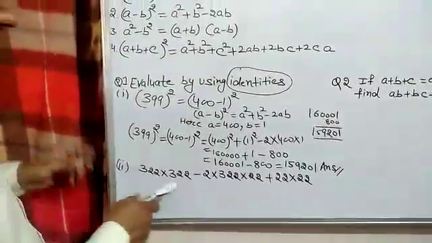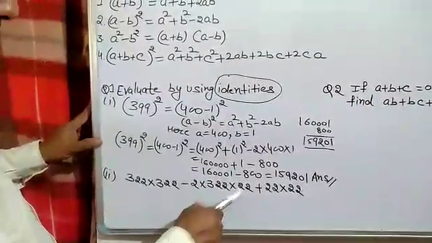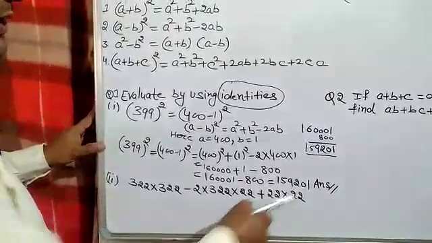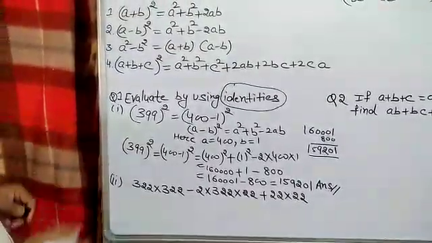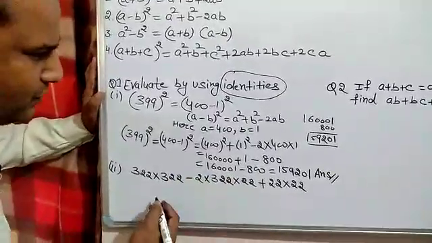Our second question is 322 into 322 minus 2 into 322 into 22 plus 22 into 22. So very first we have to identify which type of formula we have to use in this question.